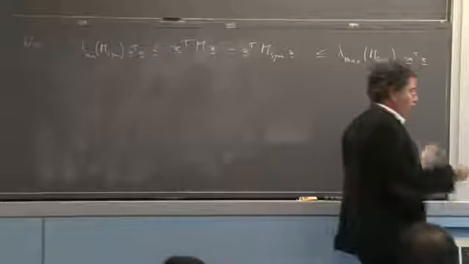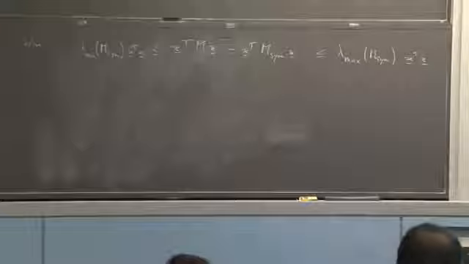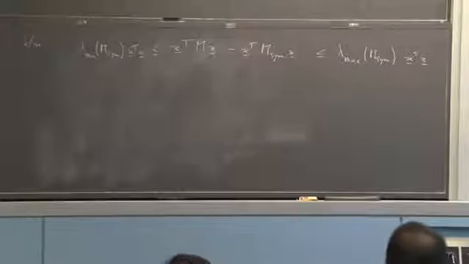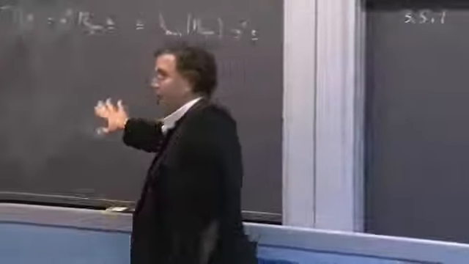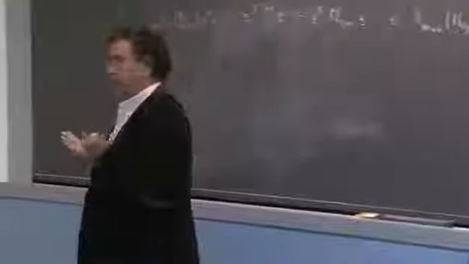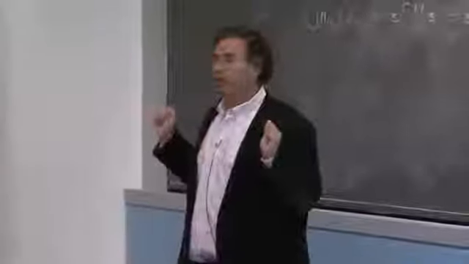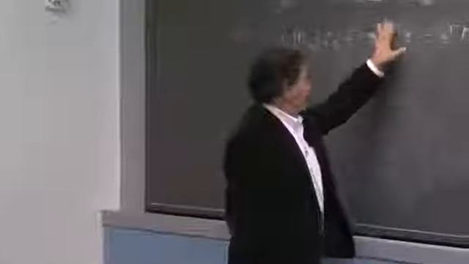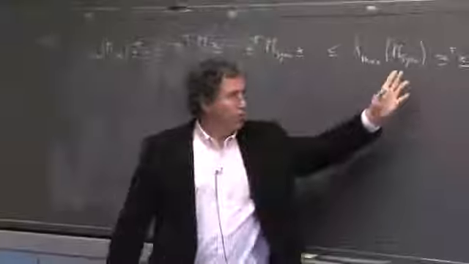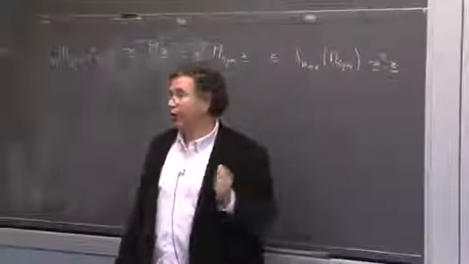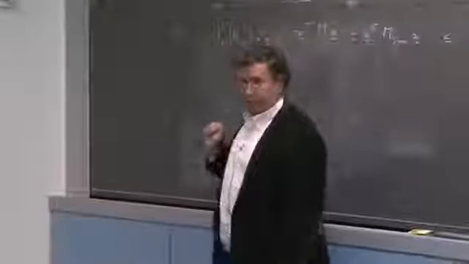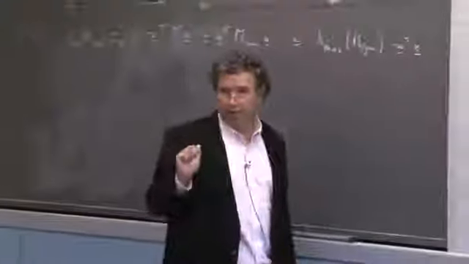So if you have X transpose Mx, the scalar, you can always bound it by taking the symmetric part and computing its eigenvalues. They are all real. There's a biggest one and a smallest one. This X transpose Mx is less than the biggest one times the square norm of x, and larger than the smallest one times the square norm of x. Okay?